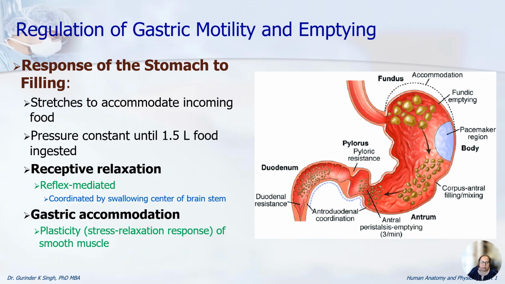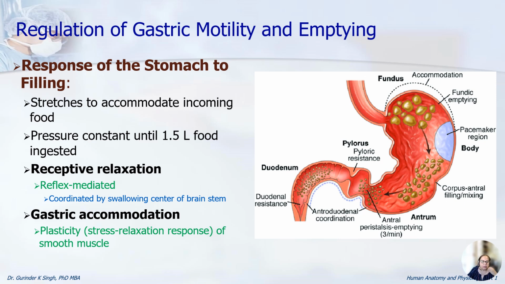The empty stomach has only a 50 ml volume. But when food enters it, it can accommodate it and stay stretched. As we mentioned earlier, it can hold up to 4 liters, which is a little bit more than a gallon.